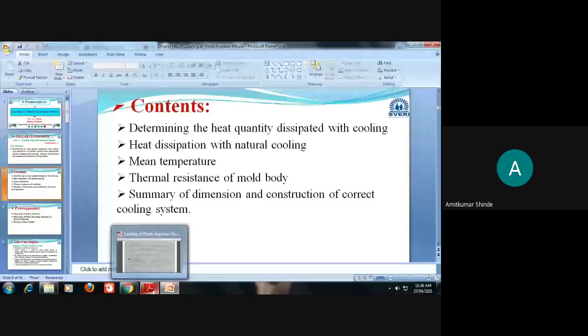To understand this, when we are doing the cooling of the plastic injection mold, heat transfer occurs as we are circulating the water or cooling fluid or coolant by providing cooling channels in the mold plate, or sometimes you can place them inside the cavity plate or core plate also, if you want to be specific.